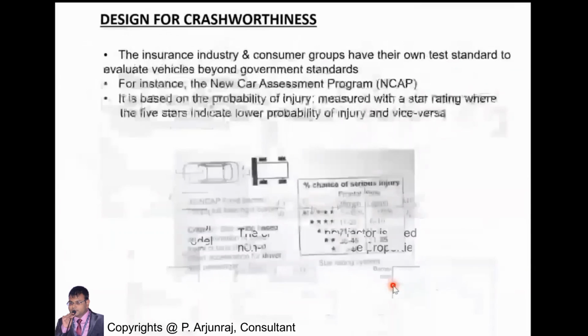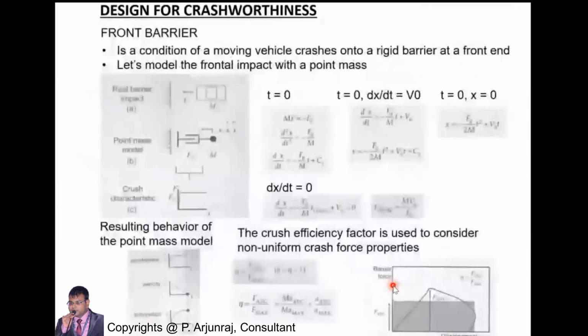And again, the final thing that comes here is the deformation. What's the deformation you are going to get after impact? Okay, those things also come into the picture here. So let us see the model considering the frontal impact, considering the point mass.